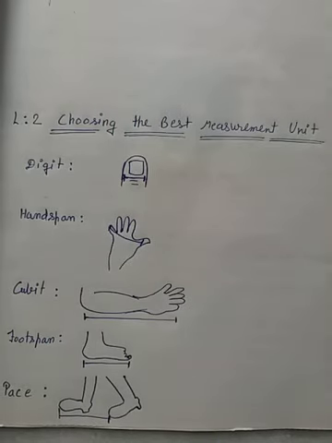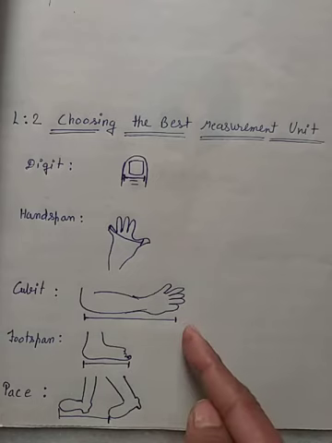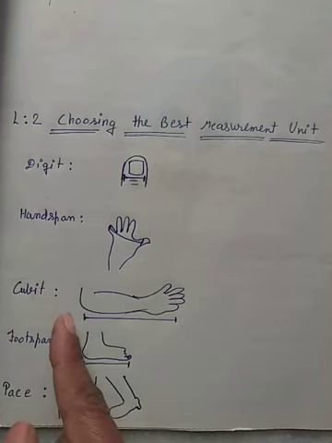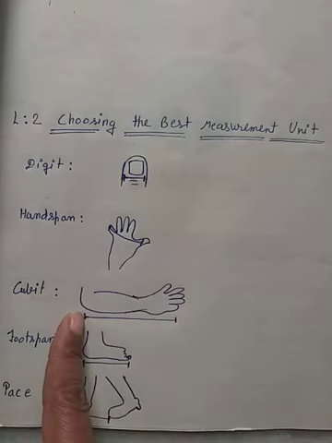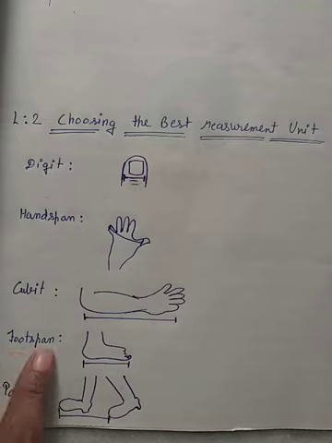Okay. Next is cubit. What is the cubit? If we measure the length with our hand, starting from our finger till the end of our elbow, that's called cubit.